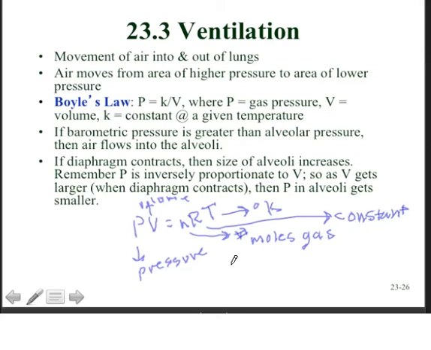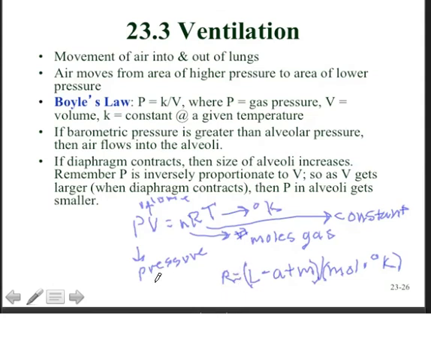The units for R, the way I always remember them, are liter atmospheres per moles degree Kelvin. Okay, and how do you get that?